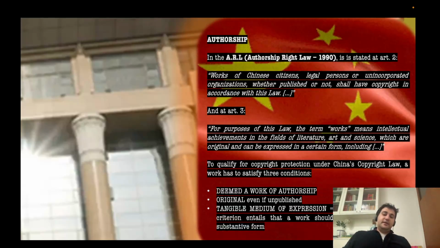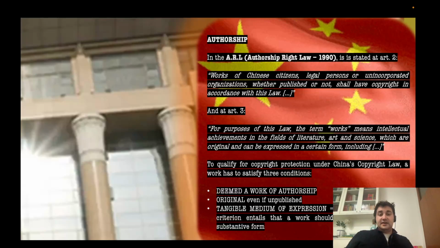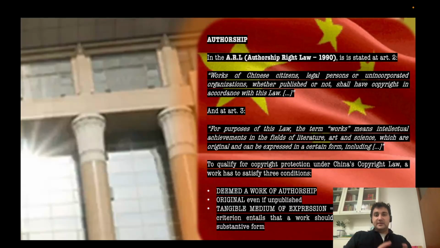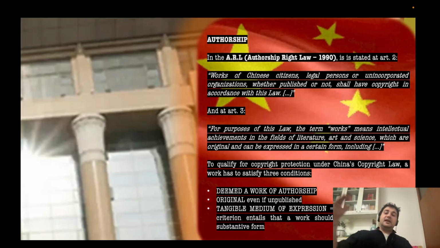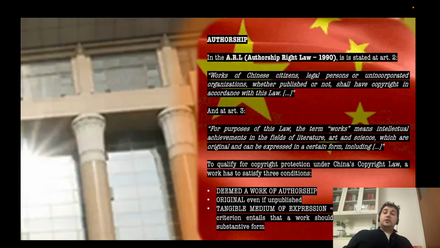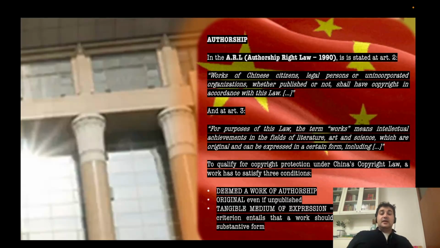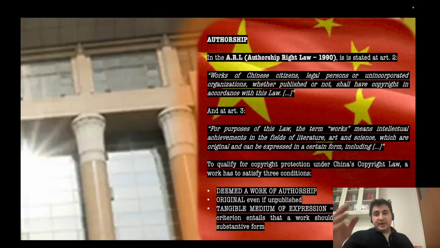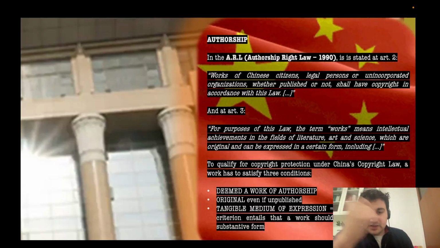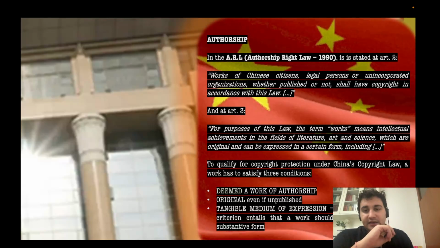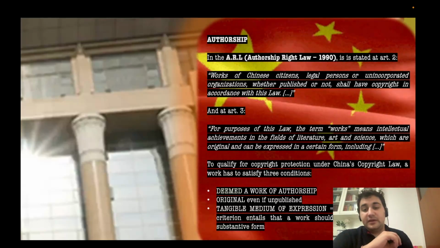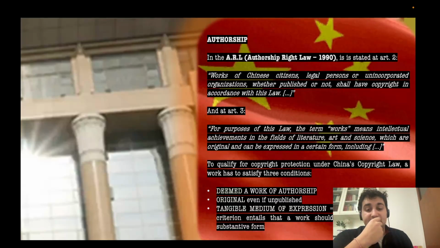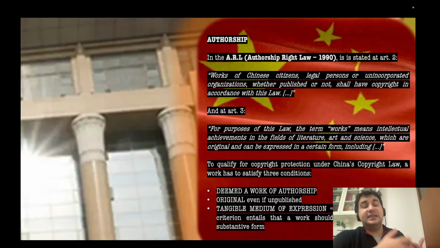Hence, we have a series of requirements in China. The first is that the work must be deemed a work of authorship, so a work by a Chinese citizen, a legal person, or an unincorporated organization, both published and unpublished. It must be original, as we said from Article 3, even if unpublished, and there is the tangible medium of expression, a fixation criterion that says a work should be fixed in a certain substantive form.